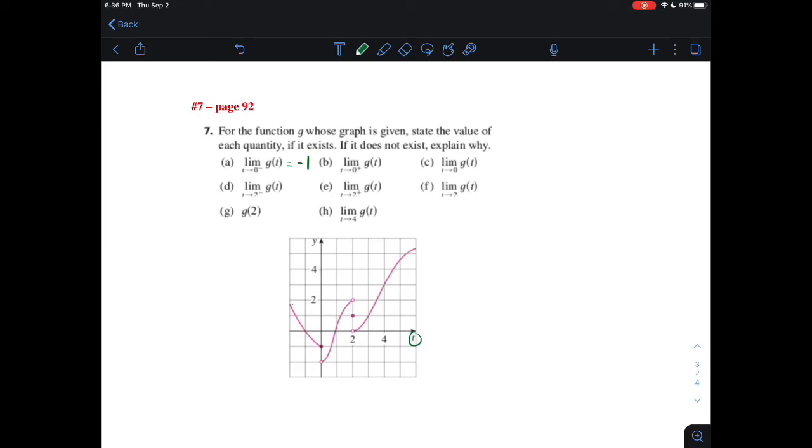But now consider part B, the limit of g of t as t approaches 0 from the right. If I was to consider that, now I'm using another part of the graph that's on the right-hand side of t equal 0. And we can see that if I follow that graph, it's not approaching the same place that we had before. It's approaching -2.